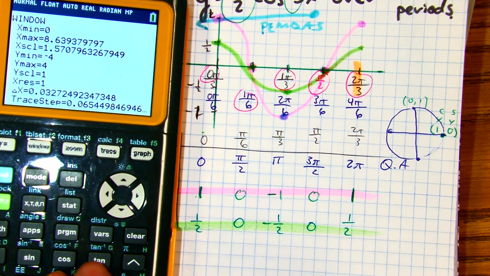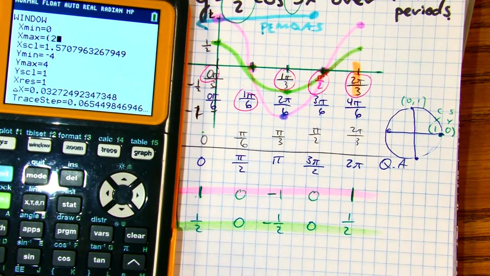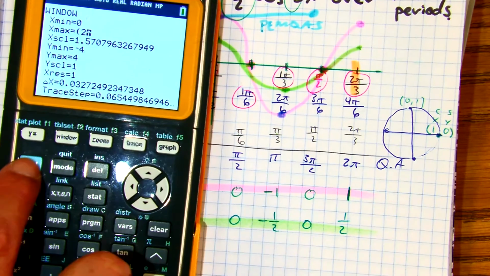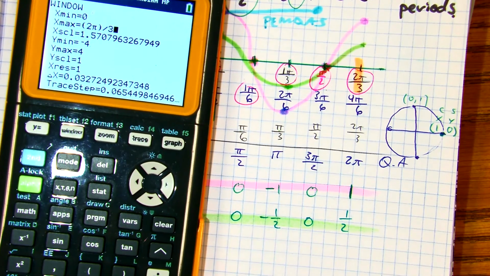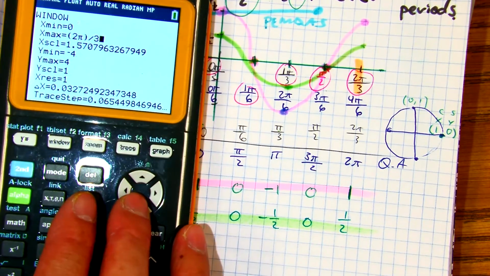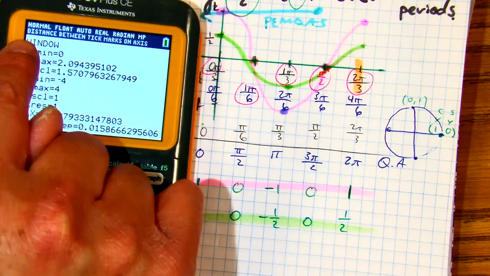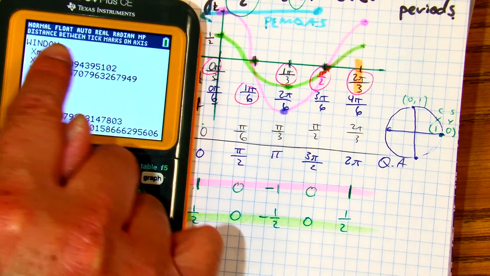Now you can actually type in 2. Remember the pi button is by the division sign in blue. So second up arrow divided by 3. It took me a long time to realize this. They have words on the screen when I went to this one, x scale. Distance between the tick marks.